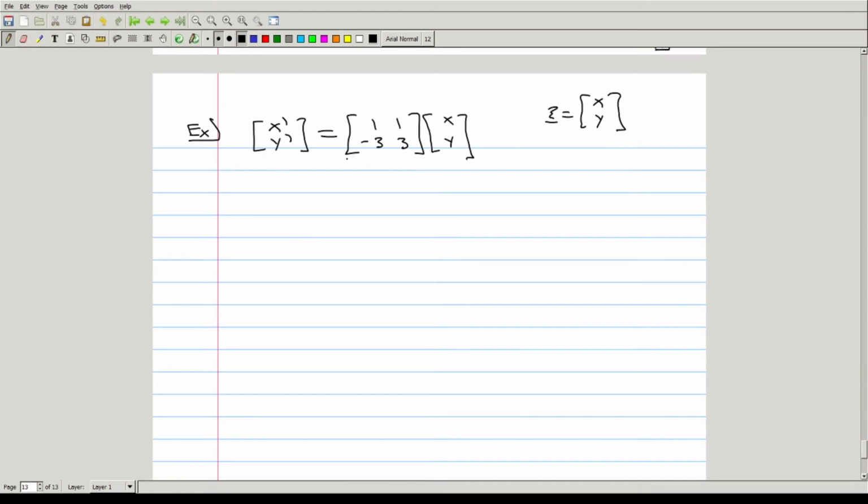The characteristic equation for this matrix A will be 1 minus lambda times 3 minus lambda minus negative 3 times 1, which is just the determinant of the matrix A minus lambda I.